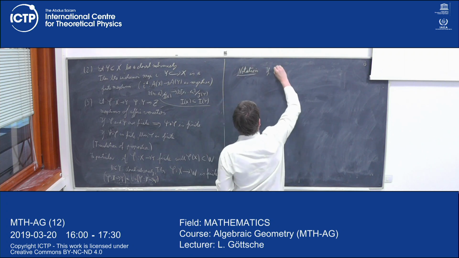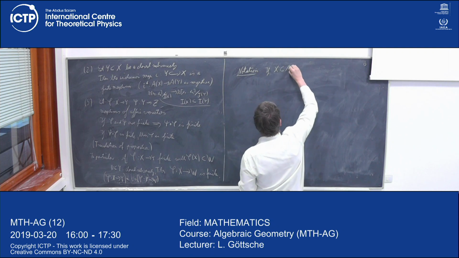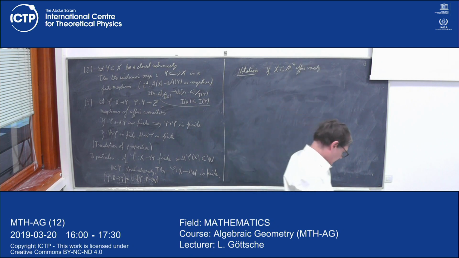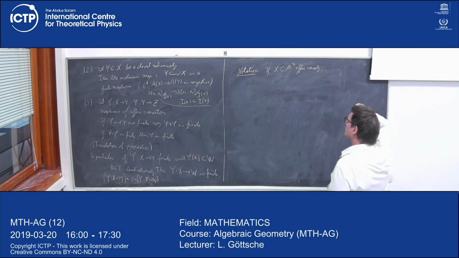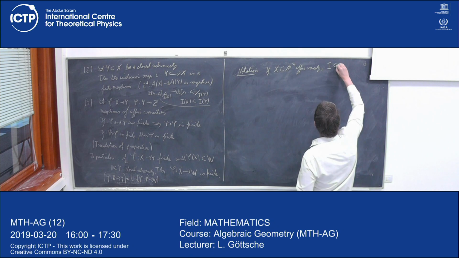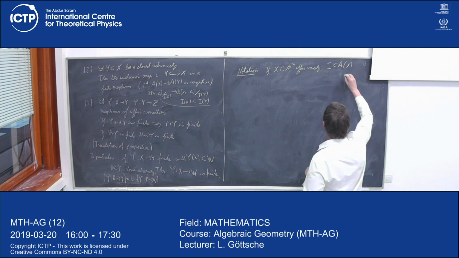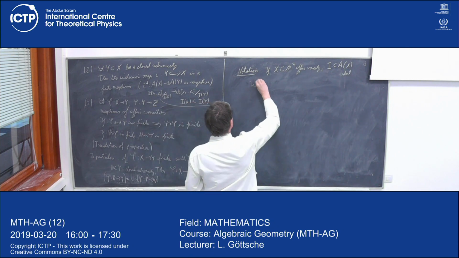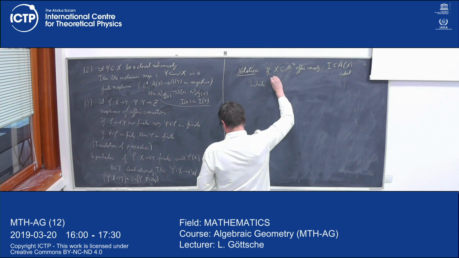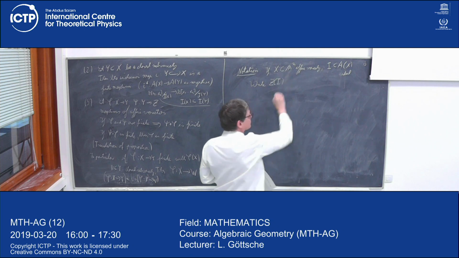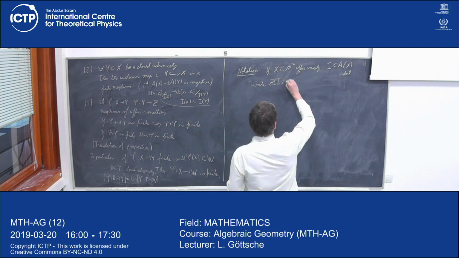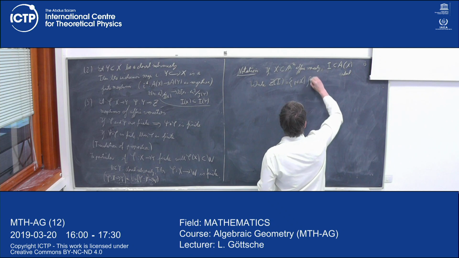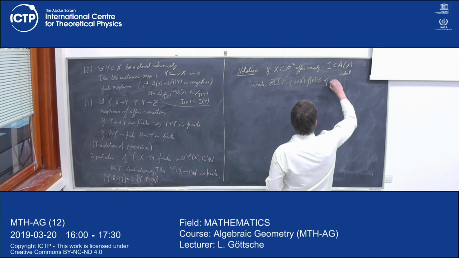So if X in A^n is an affine variety, and say I in A(X) is an ideal, I want to write Z(I), the zero set of I, just to be the set of all points P in X such that f(P) equals 0 for all f in I.